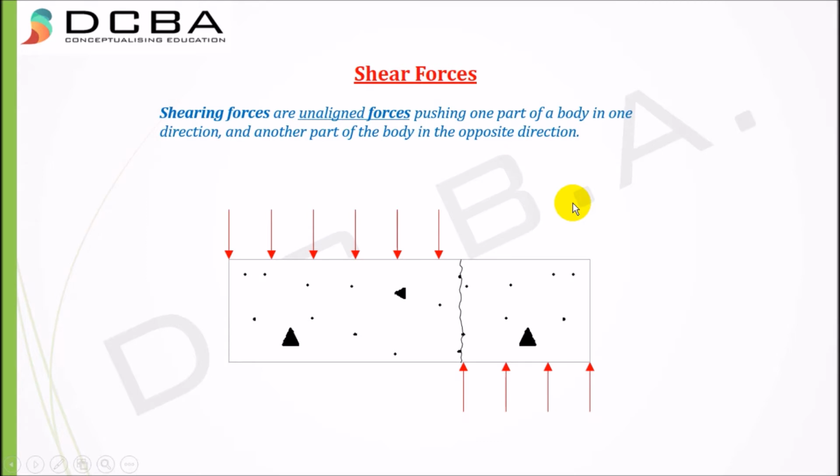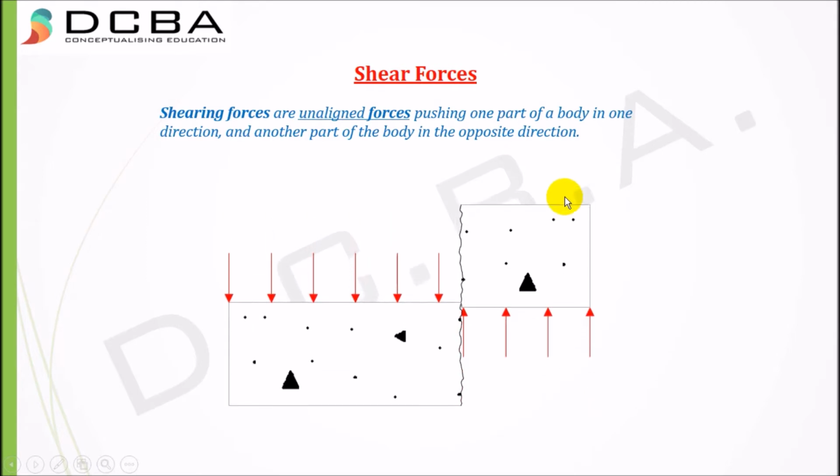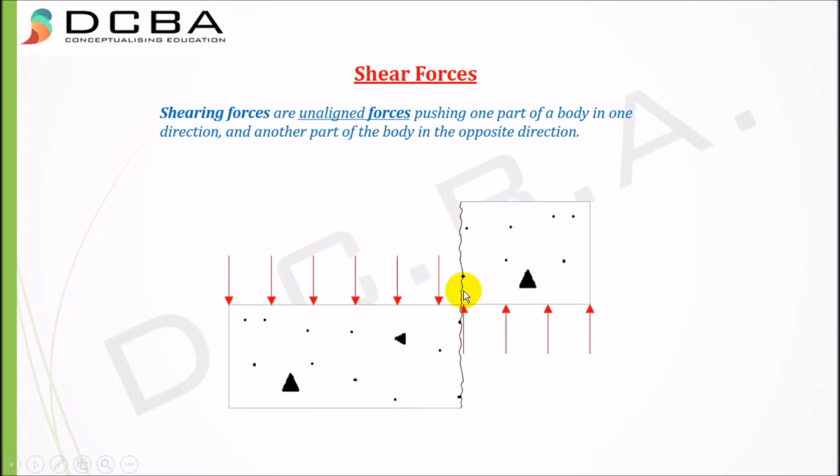A crack appears in the beam and my beam gets separated at that crack. This whole thing points to a sort of tearing of the beam. You can see the beam has been torn apart from this section, the section where shear force was maximum due to these unaligned forces.